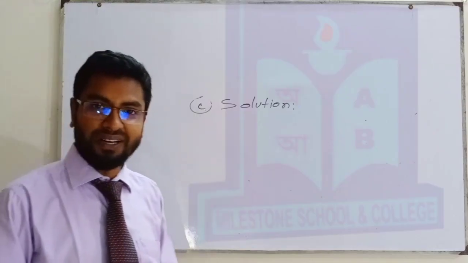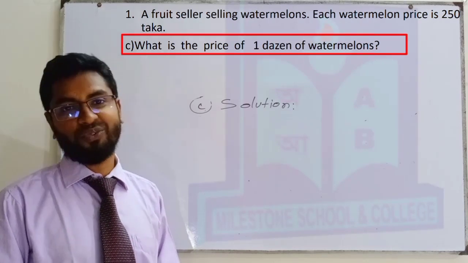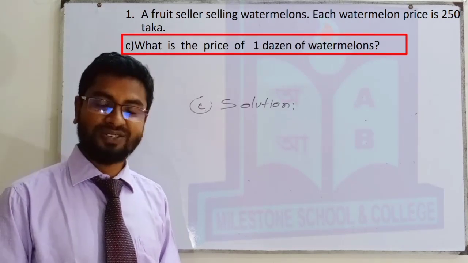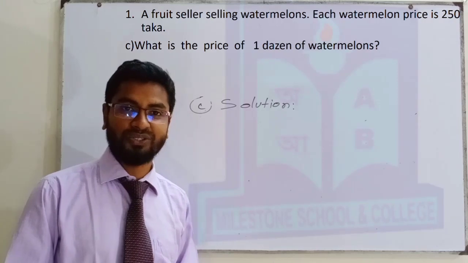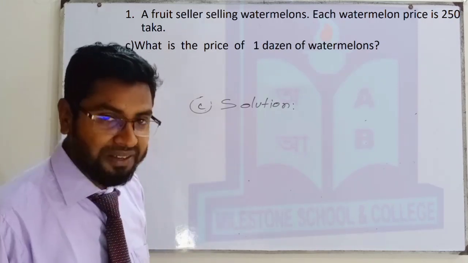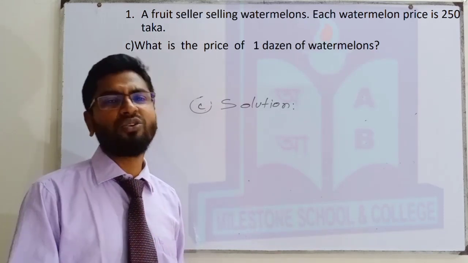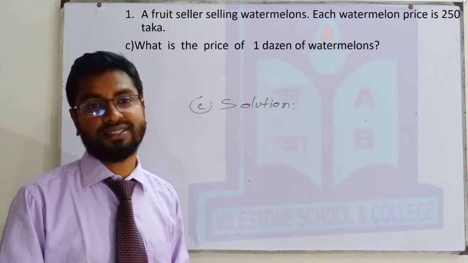Now C number. What is the price of 1 dozen of watermelon? First we need to know what is 1 dozen. 1 dozen means, yes, tell me, can you tell? I know you have learned from previous class.